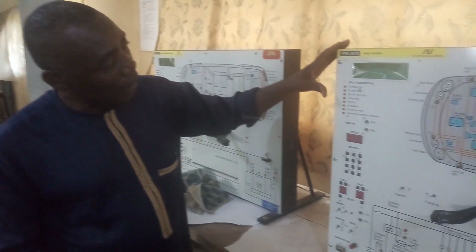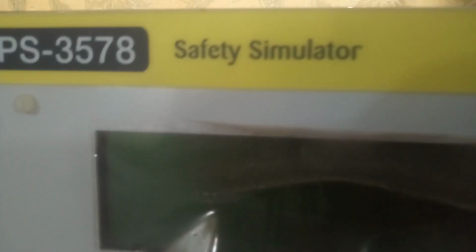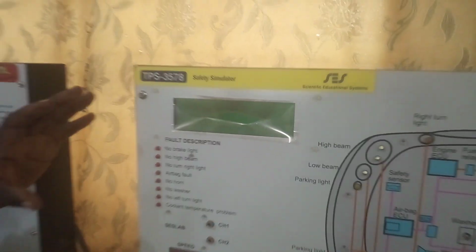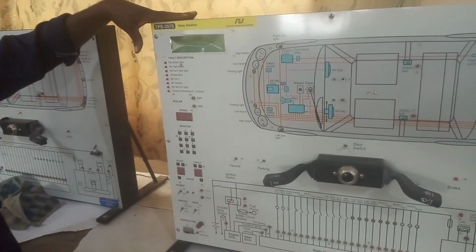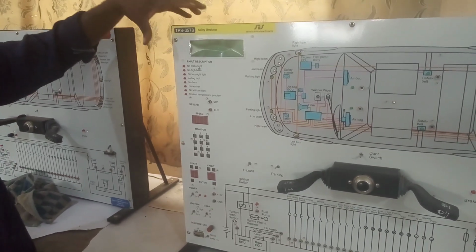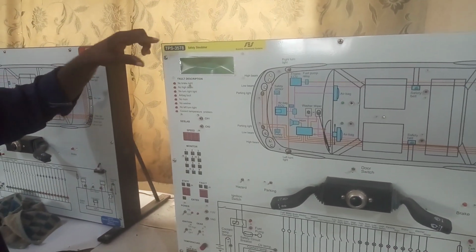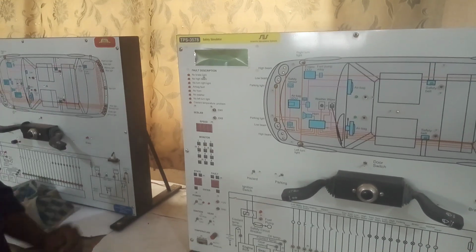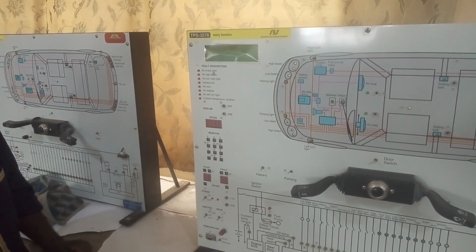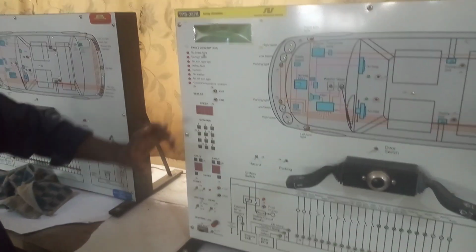Looking at what we have here is a safety simulator. And this is an autotronic safety simulator panel, TPS 3578. It has different units.